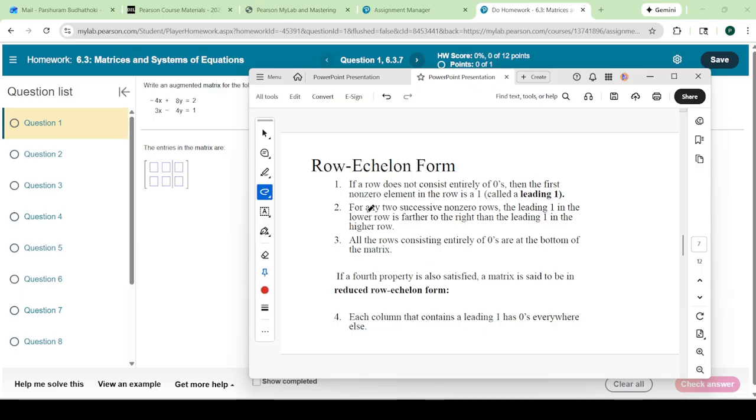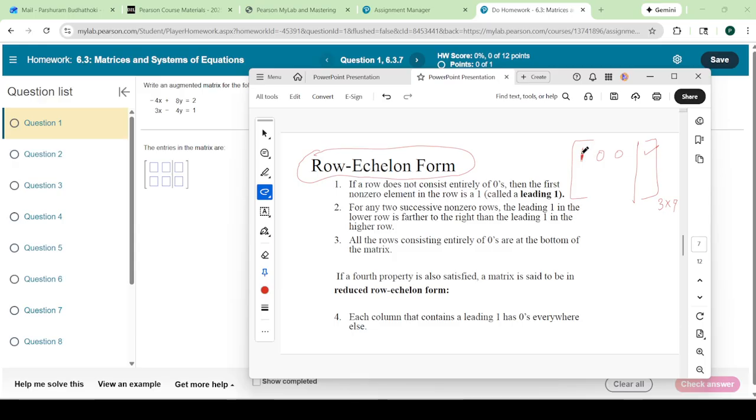So how do you do that? Let's say we have an augmented matrix. We try to change that into row echelon form. For example, if you're talking about a 3 by 4 matrix, then row echelon form means the first row starts with 1, and everything else on the left side is 0, and on the right side we don't care.